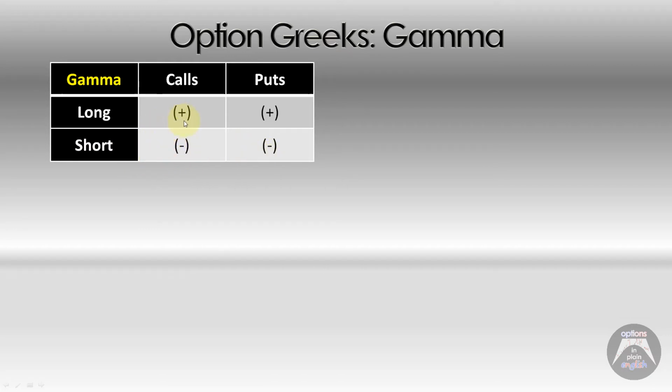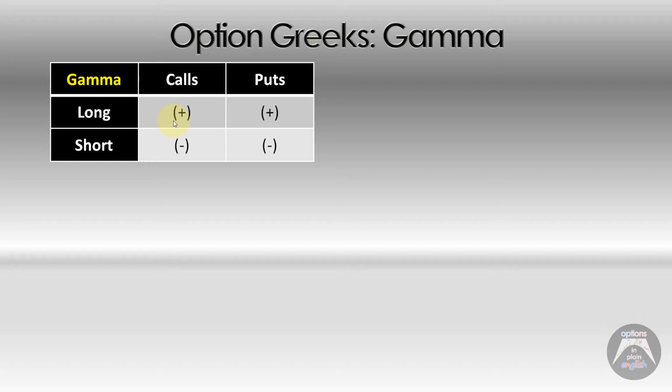And long gamma is always a way to make money by having the delta move in the direction of the move. So if you have a call and it has obviously positive gamma and a certain delta, if it starts going your way, meaning the underlying price starts going up, then with gamma you're not only going to enjoy the profits from your delta times the move, but also delta itself is going to go higher as the price goes higher.